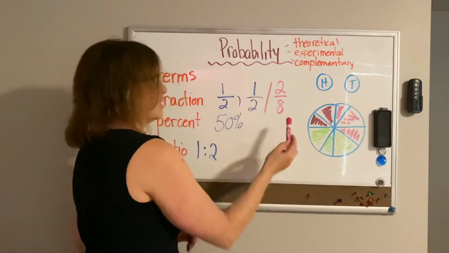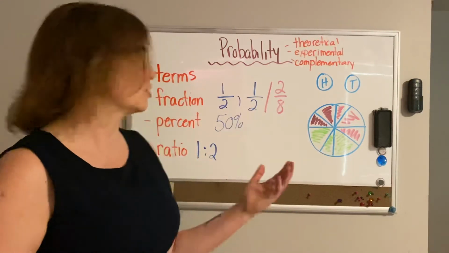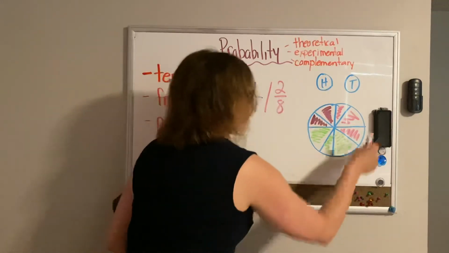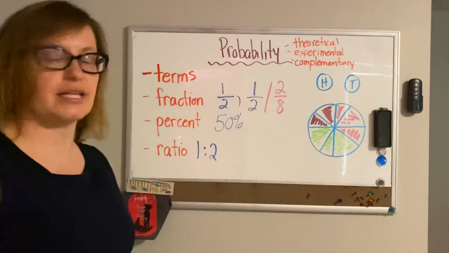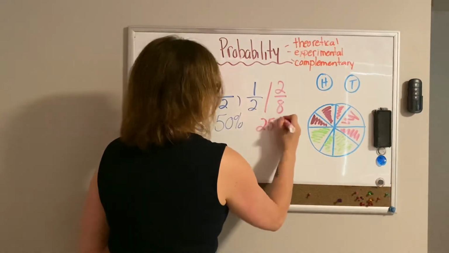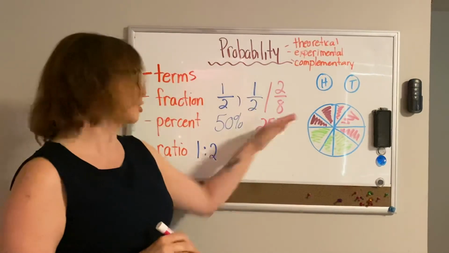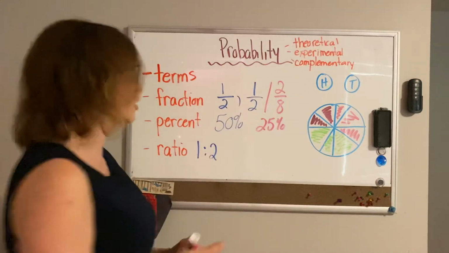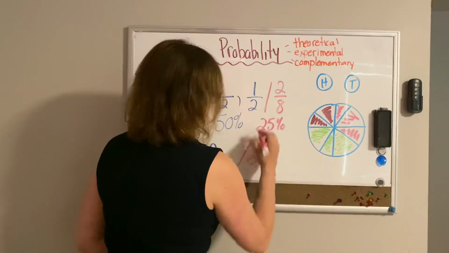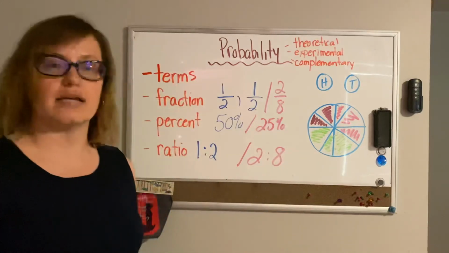But for this case, I'm going to talk about the total possible outcomes being 8, and the opportunities for my desired outcome being 2. So if I look at this as a percent, the entire spinner represents 100%. And so 2 of 8 would represent 25%. So I have a 25% chance, or the probability is 25%, that I would land on purple. And again, going down to the ratio, it is possibility of my desired outcome to total possible outcomes, which would be 8.